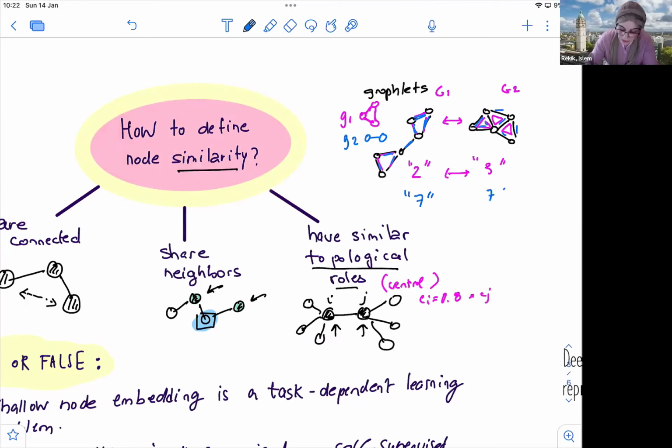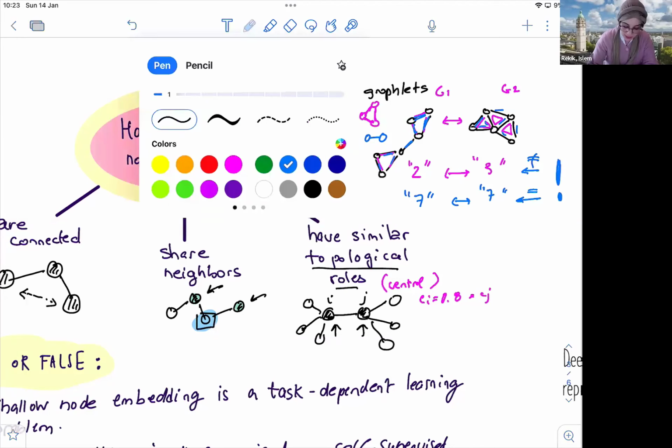Here you can see this is a bit problematic. One measure tells us that these graphs are almost identical, and this one tells us that they are actually different. So the similarity we use is very important. What you can do is stack them up.